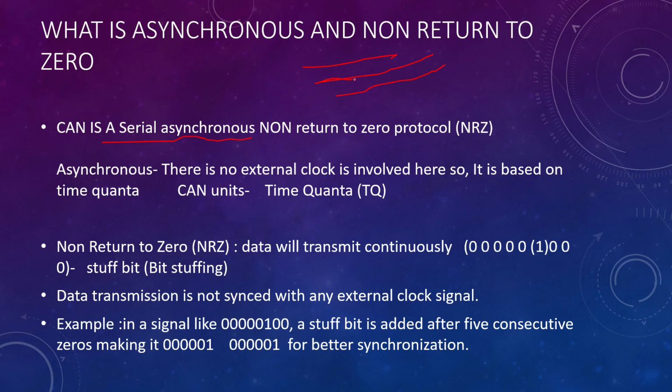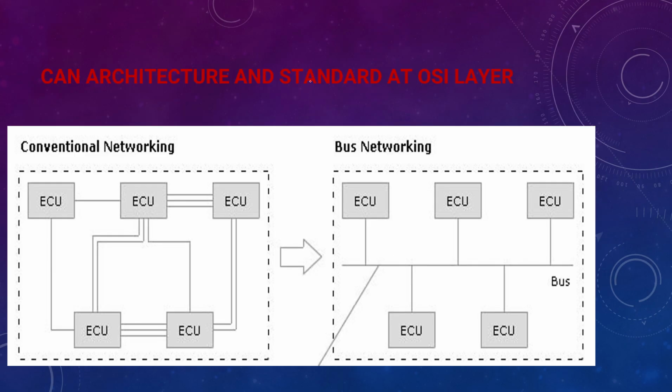Whenever we transmit data from one node to another node, this is a conversational network, meaning it will transmit different types of data from different lines. So this is a bus network, nothing but CAN. When we transmit data from one node to another, it first comes to the CAN bus.